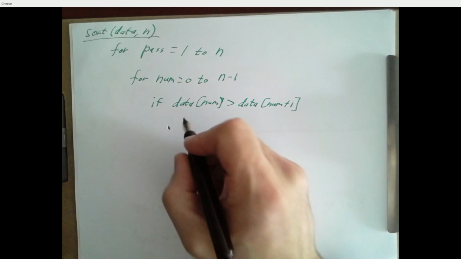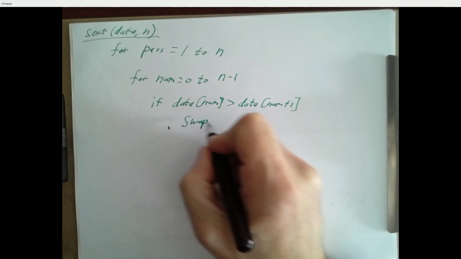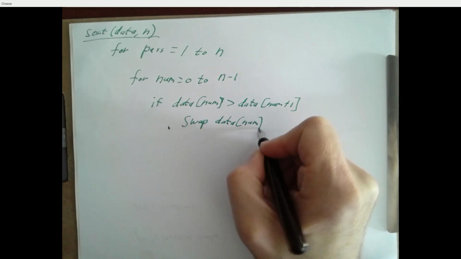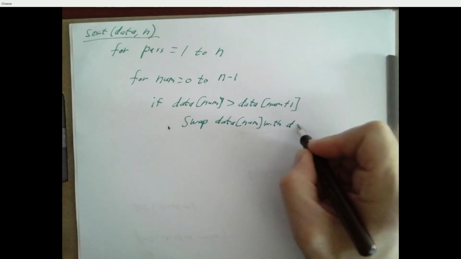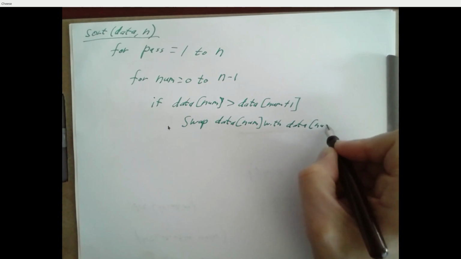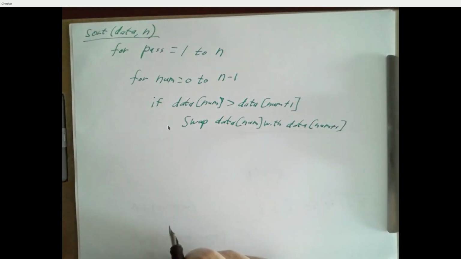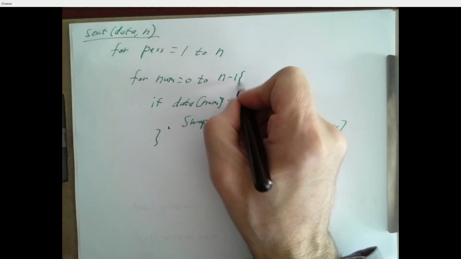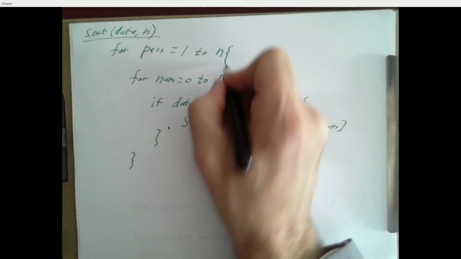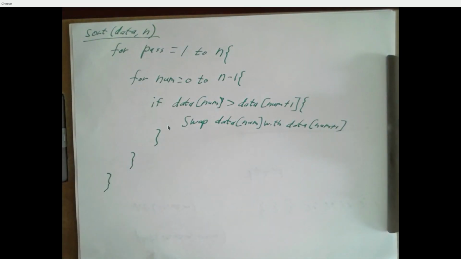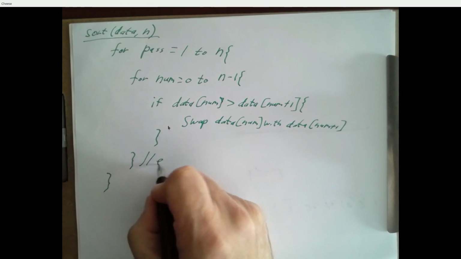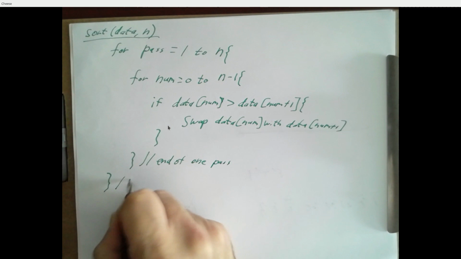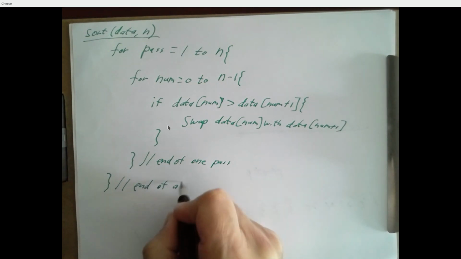And if it is, swap them. That's really your whole bubble sort. So that's the end of one pass. That's the end of all passes.